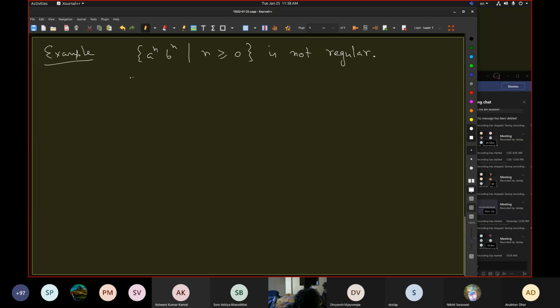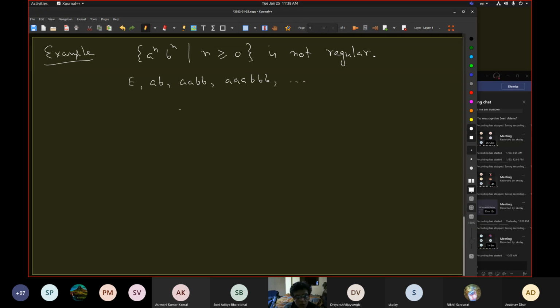So this consists of strings of the form epsilon, AB, AABB, triple A triple B, and so on. So it's not AB whole power n, as somebody pointed out to me today. Intuitively, I am soon going to apply the pumping lemma on this language.